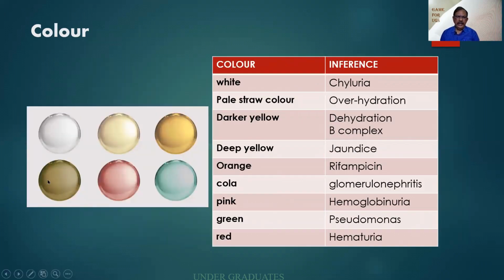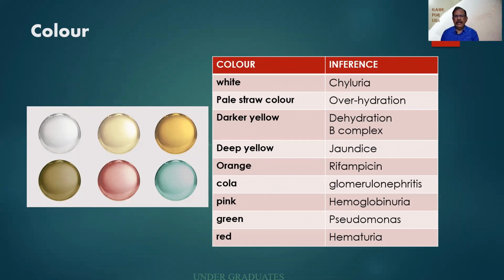Color. Again, a shade of colors is given over here. Look at the different range of colors you can get in urine examination. Color is different from appearance. We shall go to appearance later. A patient can come with a white urine. It is a very practical example that I had faced. I had asked the urine to be collected by a patient.